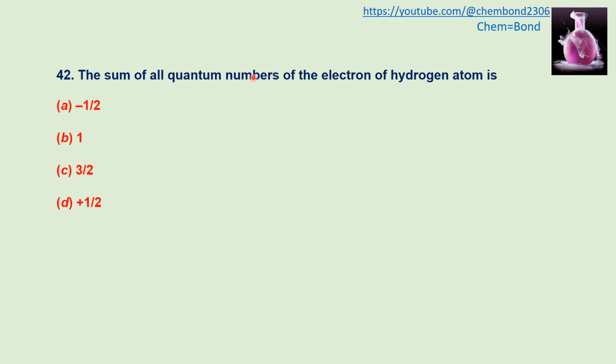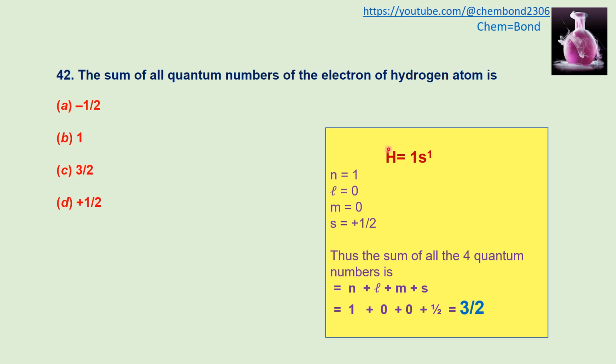The sum of all quantum numbers for the electron of the hydrogen atom is minus half, 1, 3 by 2, or plus half? First we will find the quantum numbers for the hydrogen atom and then sum them to get the answer. Hydrogen has one electron present in 1s1. So the principal quantum number is 1, the azimuthal quantum number is 0 because for s the value is 0.